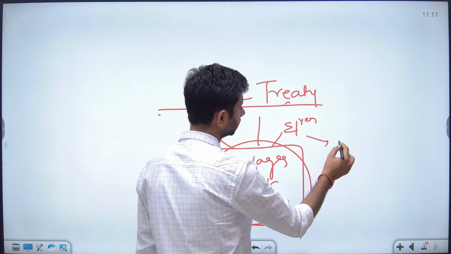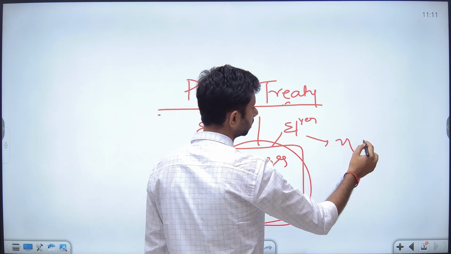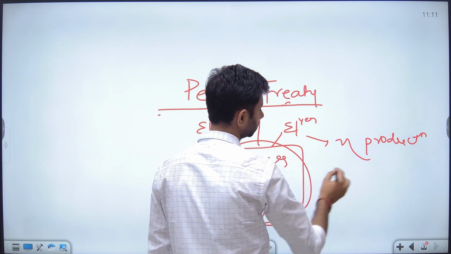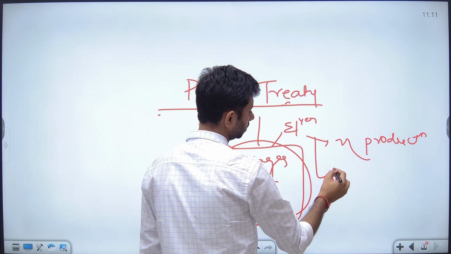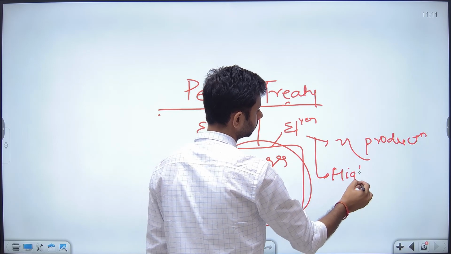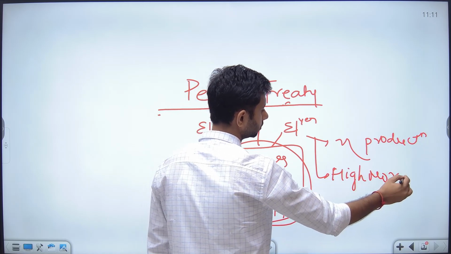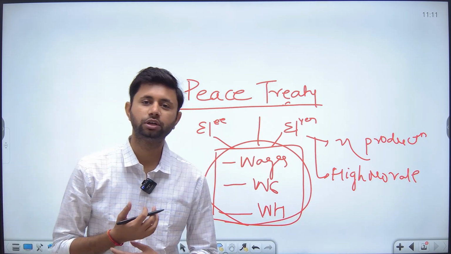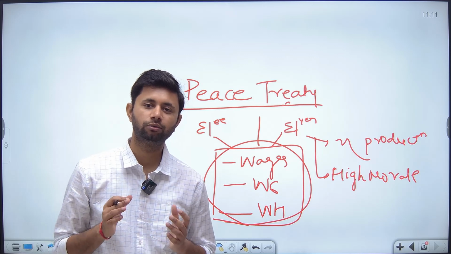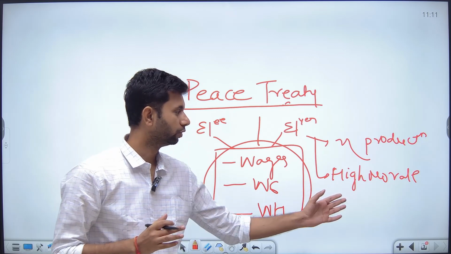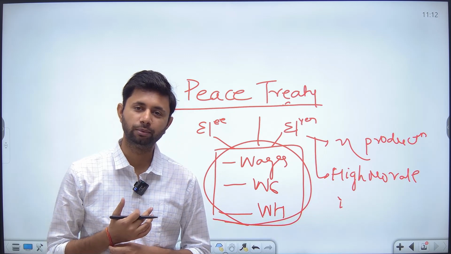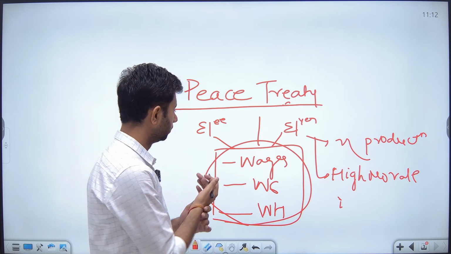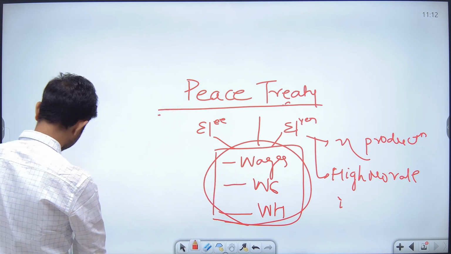This will result in efficient production. High morale of workers. Understood? And the positive aspects that we've already discussed in industrial relations, that how a high morale and positive environment within an industry increases production and increases both workers' interests as well as employers' interests.